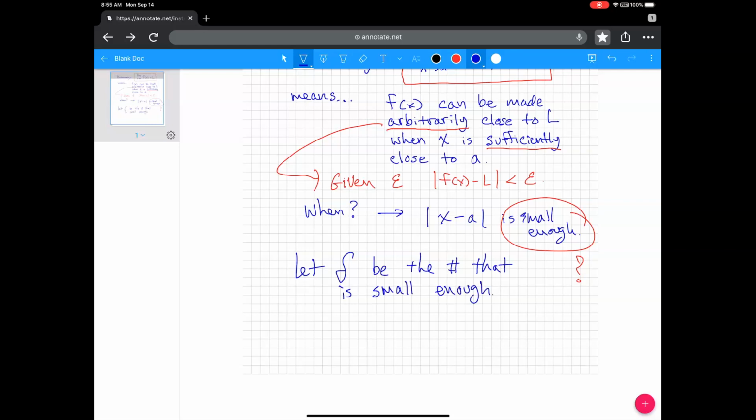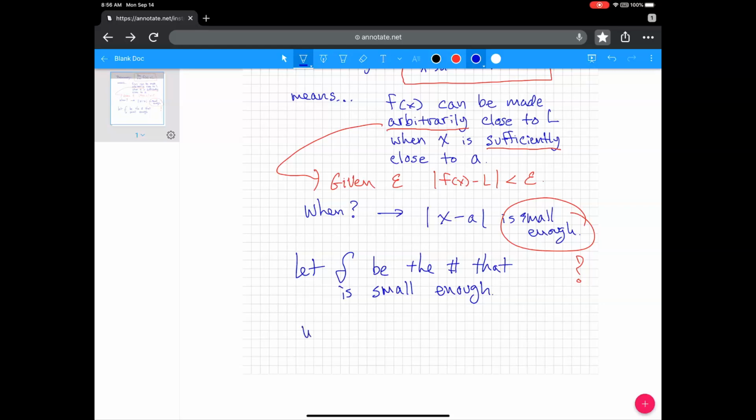So the idea is we have some arbitrarily chosen epsilon, which is the proximity that f of x needs to get to L. 1/10th, 1/billionth, 1/trillionth, some number we expect to be small to show that f of x is tending to L. And once we are given this number, then we can determine how close x needs to get to A to make that happen. We can tell what sufficiently close to A means, and that number of how close you need to get to A we're going to call delta.